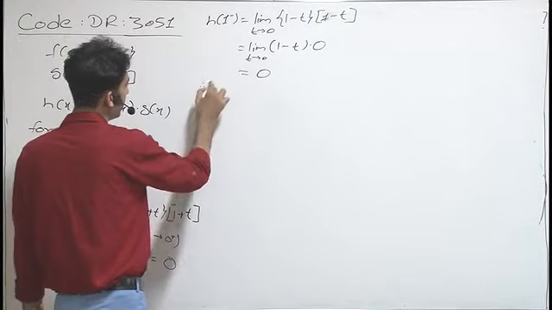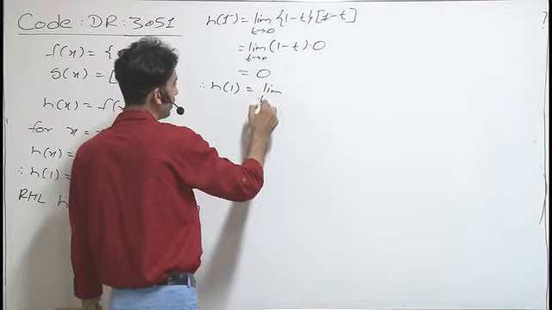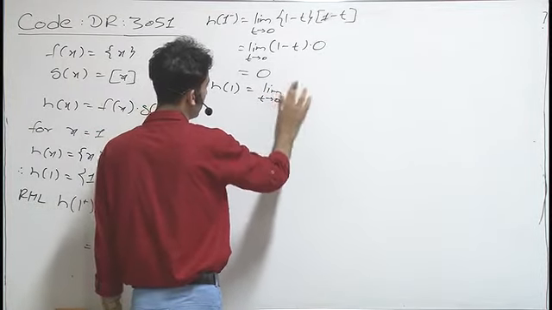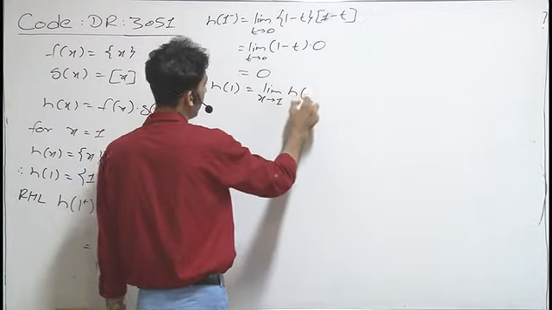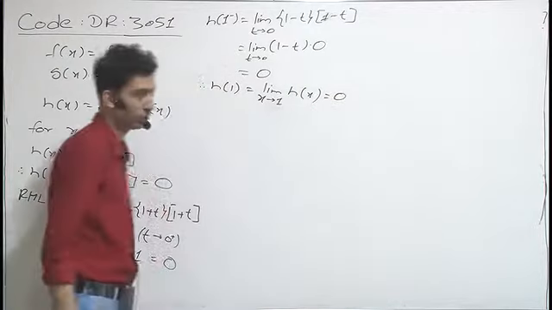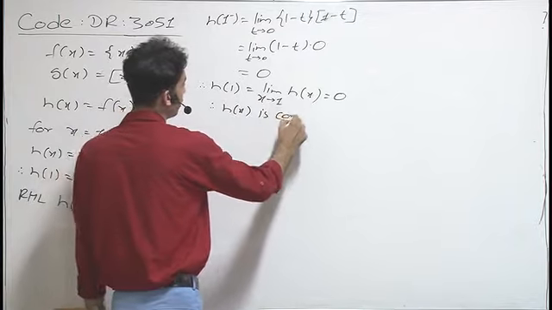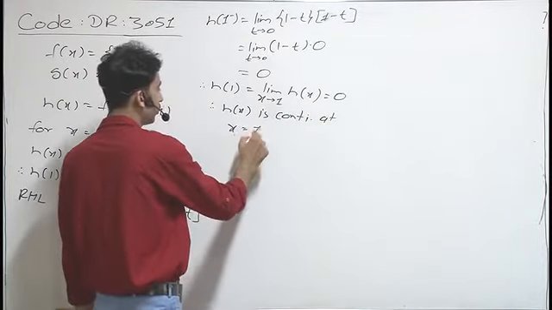So we can see that h(1) equals the limit t tending to 0, the limit x tending to 1 of h(x), and both are equal to 0. Therefore, h(x) is continuous at x equal to 1.